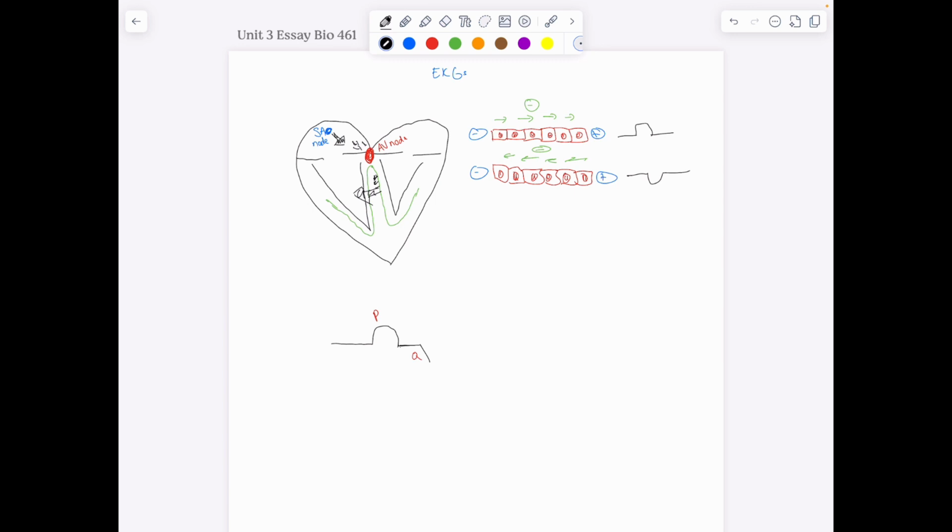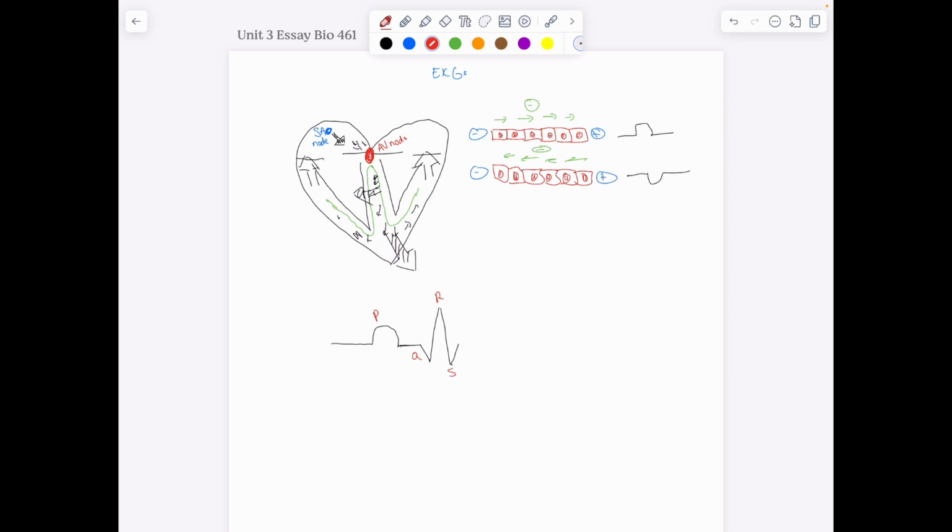And then our signal keeps going until it reaches down here on the ventricle. And then we have our next vector, which is going to look like this, and that's where we get our R wave. And then it's getting depolarized more, and so now we have vectors going this way, and then we get our S wave.